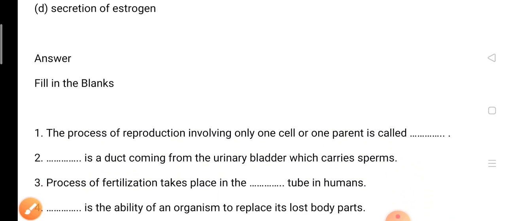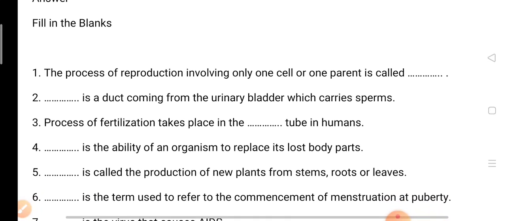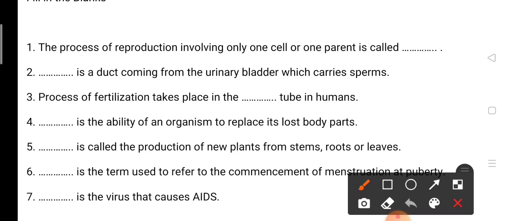Now here some fill in the blanks questions are also given. We will also try to give the answers. The question is, the process of reproduction involving only one cell or one parent is called. So the answer will be asexual reproduction.